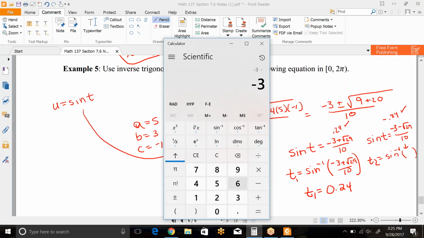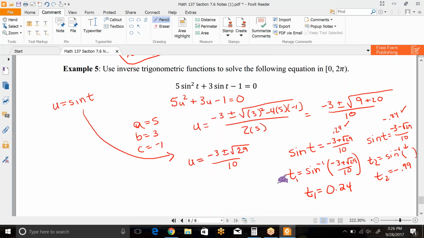So negative 3 minus the square root of 29, hit enter, then divide that by 10, then take the inverse sine. So this one is negative 0.99. Okay. So remember, those are just the reference angles for these.